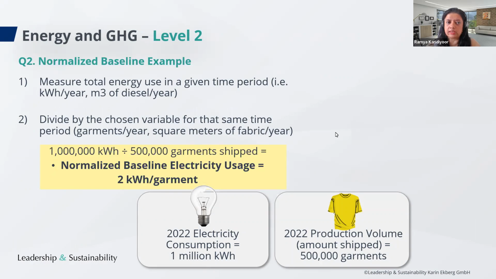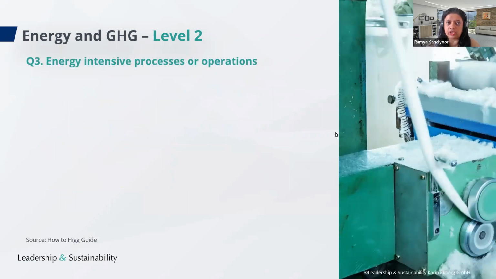This is 100,000 kilowatt hour which has been used. If you have 500,000 garments that have been shipped in that particular year, then your normalized baseline electricity usage will be 2 kilowatt hour per garment. So this is how you will calculate the normalization.